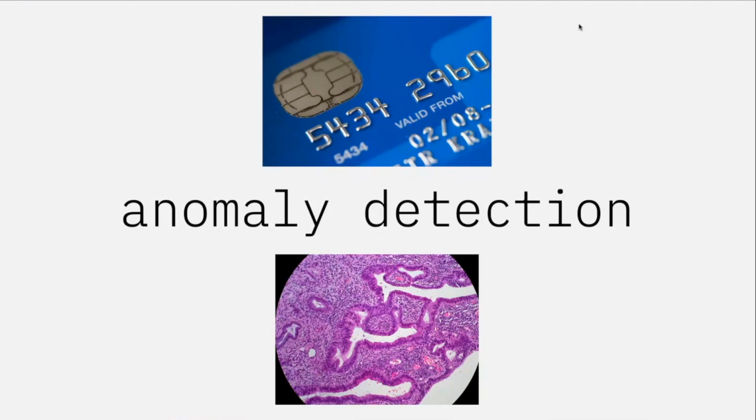Likewise, for medicine, there's been a lot of anomaly detection, everything from looking at biopsy cells or looking for data in blood samples to try to detect cancer and find ways that you can detect diseases early.